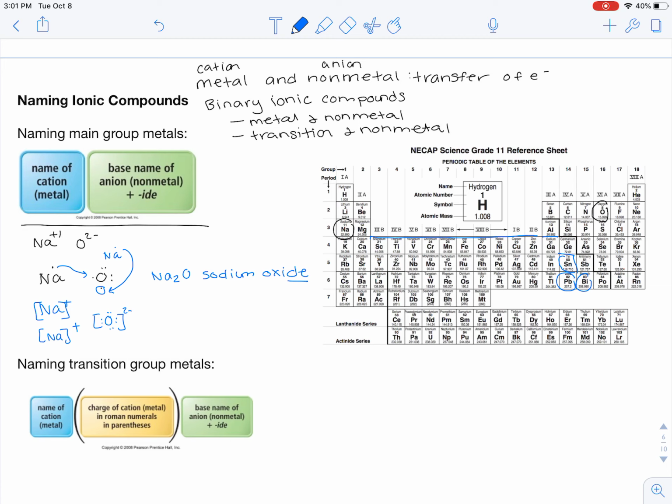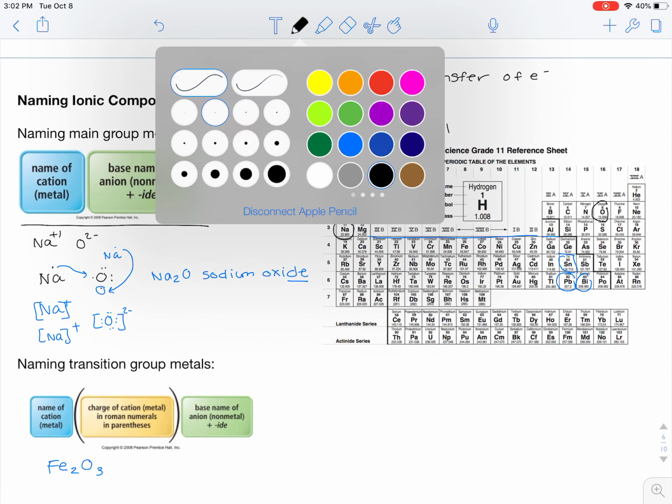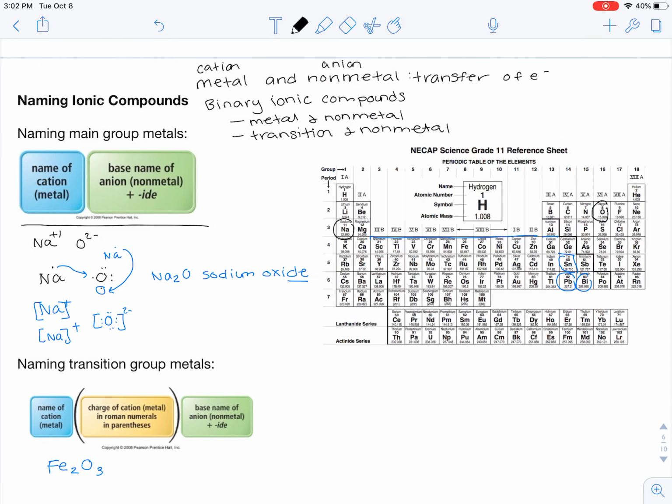So for example, let's say that we have Fe2O3. So it is not as obvious to look on the periodic table and determine exactly what the charge is. However, you can determine the charge of the anion, the nonmetal, and then figure out what charge the transition metal is.